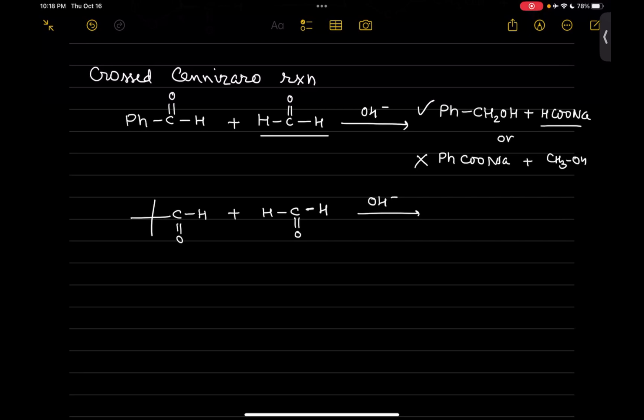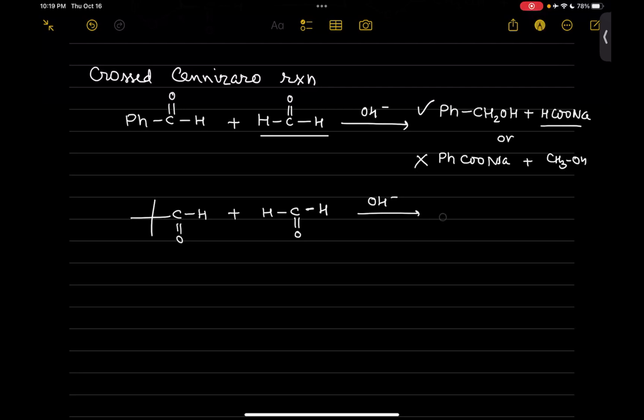So Cannizzaro will happen. Got it? One will get oxidized, another will get reduced. Who will get oxidized? It is always the formaldehyde which will get oxidized.